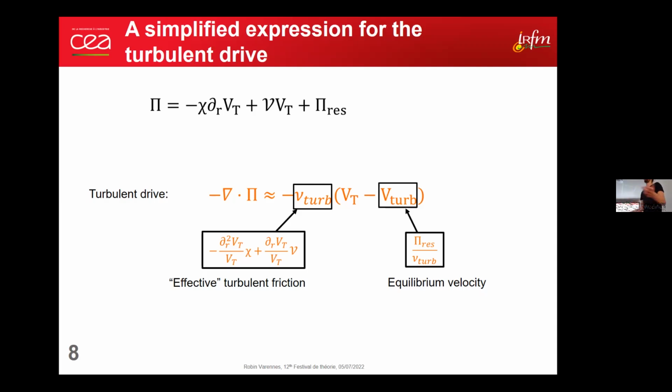But I think for the non-specialist, the better thing to show is some kind of damping rates. So this has no, let's say, physical meaning. What I show here is that there is a mechanism due to turbulence that will make the toroidal velocity relax toward a finite value. And this is really what I want to show. But you are perfectly right. This is not the right way to do it for sure.